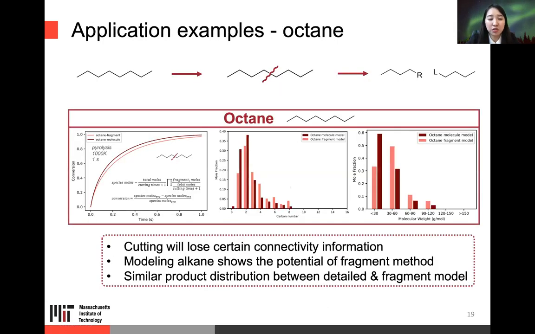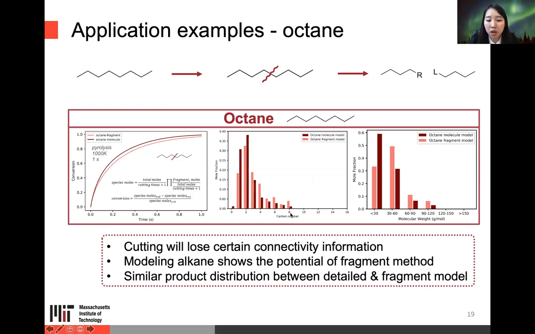So here I'm going to show some application examples. First, we will use the simplest case, which is a long chain alkane. Here I use octane, for example. By comparing the fragment model with the detailed octane molecule model, we can see the reactant conversion is quite similar, and the carbon number distribution is also similar.